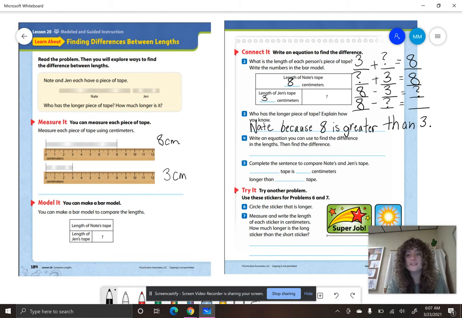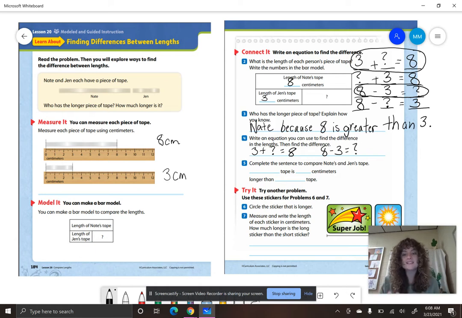Our difference would go here, and Jen's length would be right there. All right, so we can plug in these equations. I am going to use an addition and a subtraction. So I'm going to write 2 equations for number 4. So 3 plus the difference equals 8. 8 minus 3 equals the difference.